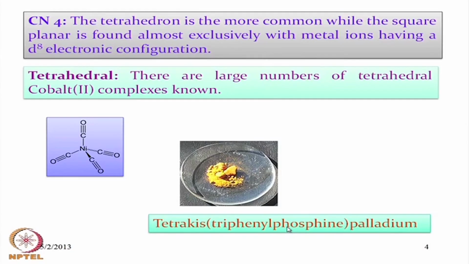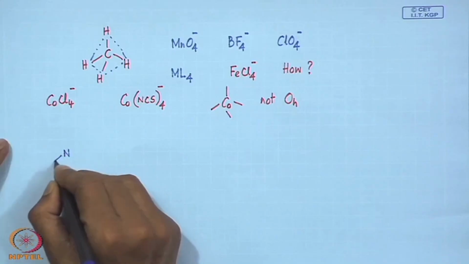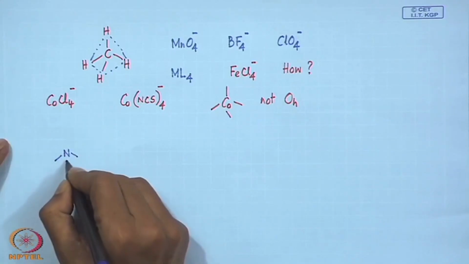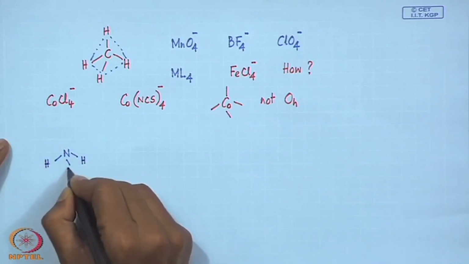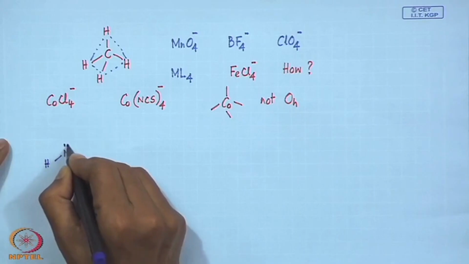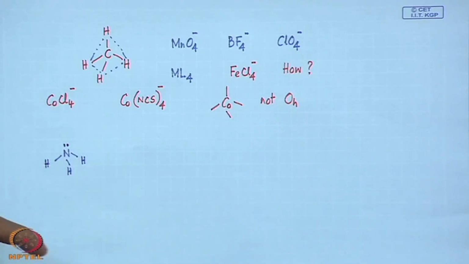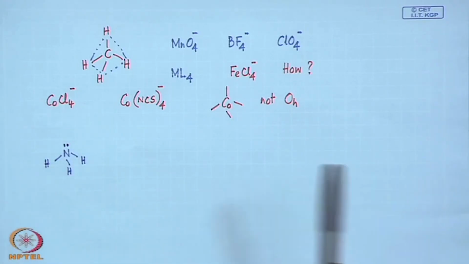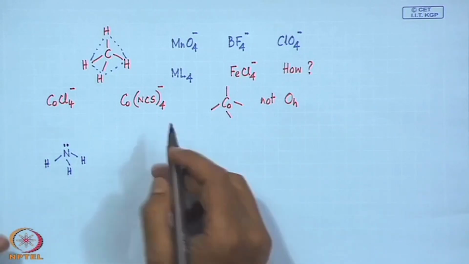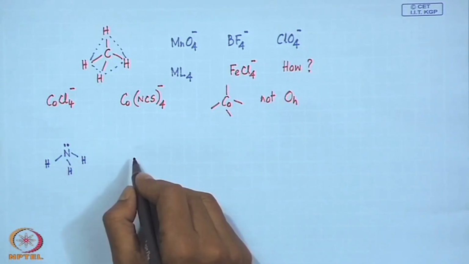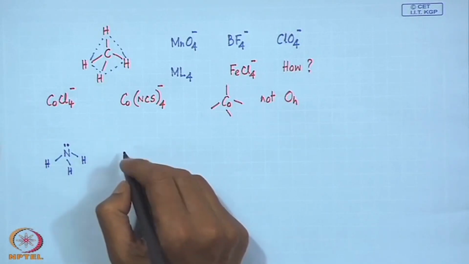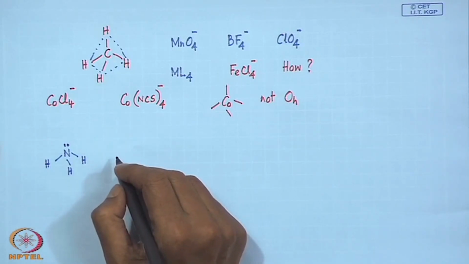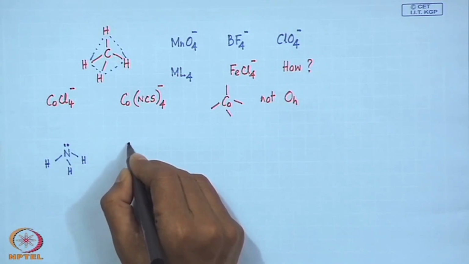So, like ammonia, we have the lone pair of electrons, and those lone pairs of electrons are useful to bind the metal centers, and we can have so many types of metal complexes like hexaammine, tetraammine and pentaammine complexes.